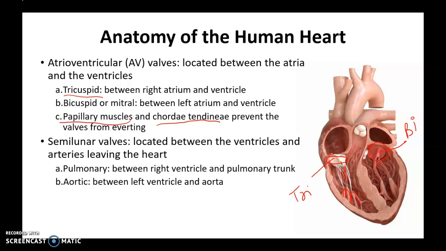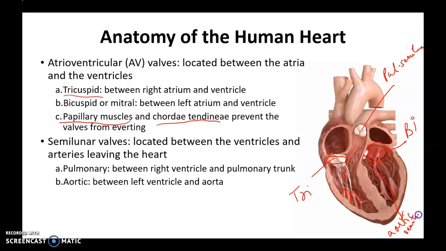We have 2 other semilunar valves associated with the heart, and those are right here. This is the pulmonary semilunar valve, and this one right here is the aortic semilunar valve.